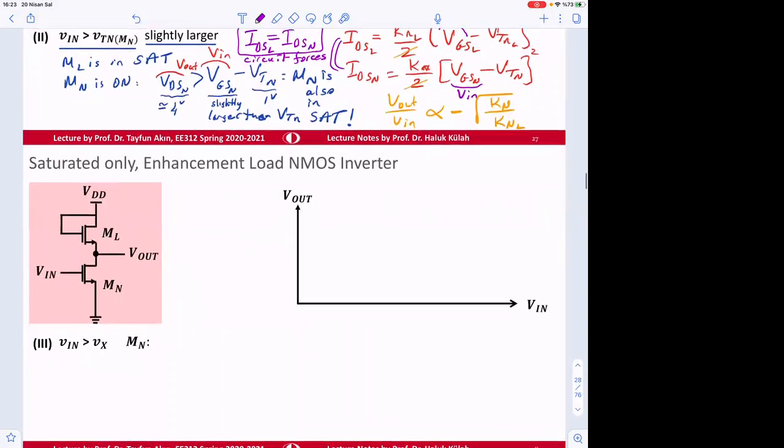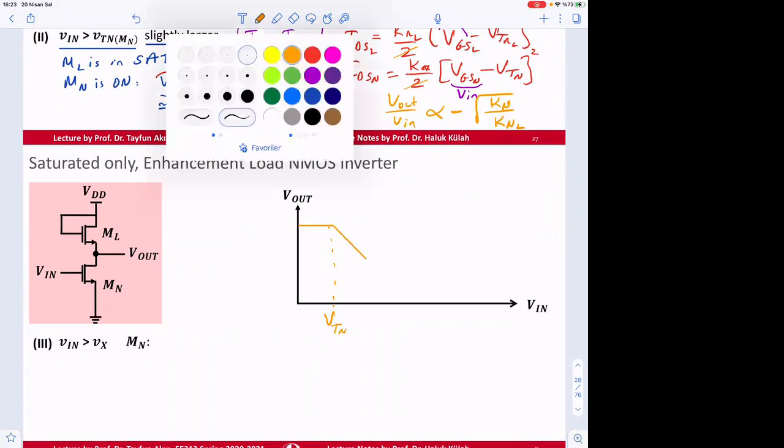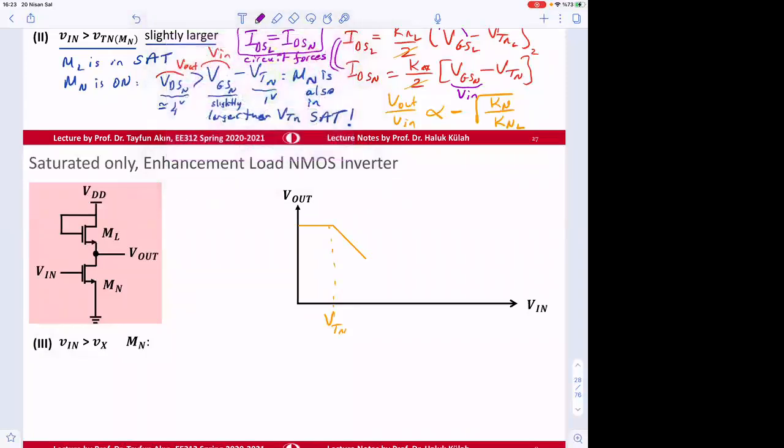In any case, going back to the drawing here, this is up to VTN. And then we see that it comes linearly up to maybe the Vx point. And here ML is always in saturation, so I don't need to write that.